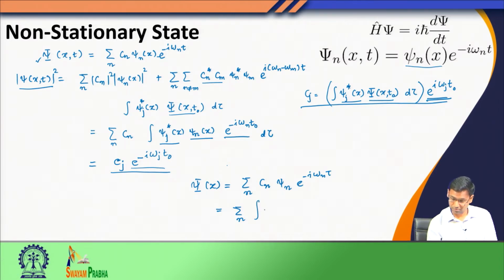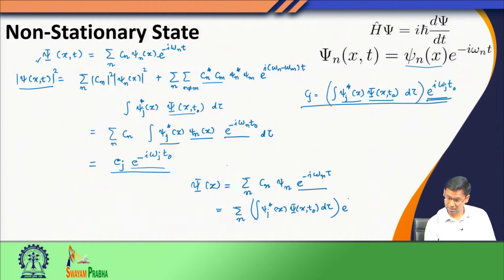So, I have e to the power minus i omega n t, and this is t 0.